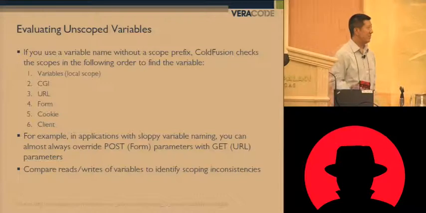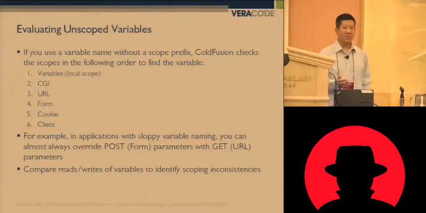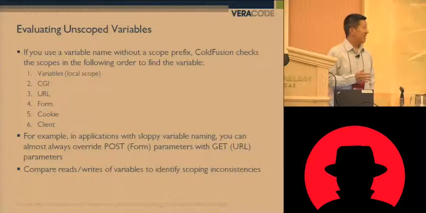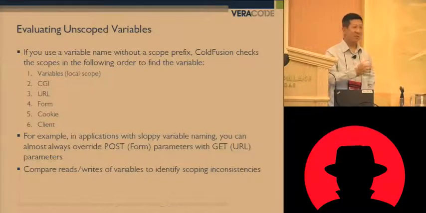So what happens if you specify a ColdFusion expression such as hash foo hash without a scope, it's going to go through a search order. And it's going to go through a bunch of different scopes in order looking for a variable called foo. And if it finds one, it'll use it. If it doesn't find one, it'll move on to the next scope. There are actually 12 scopes that it searches through.